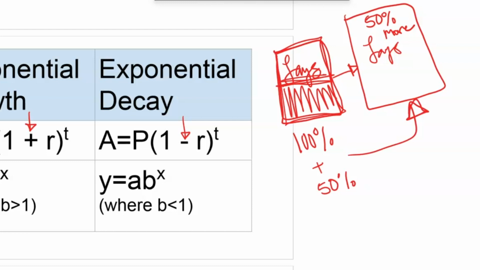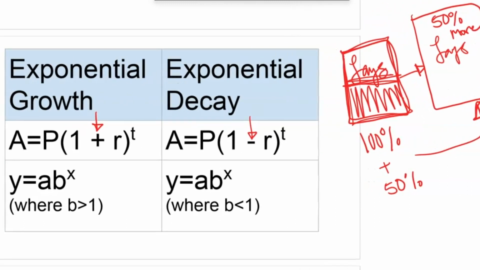If you think about that and then go back to our equation, this 1 in the equation represents the 100%. Say in our potato chip example, it's increasing by 50%, so the rate here would be 50%. We take the 100% and we add the 50% to it.